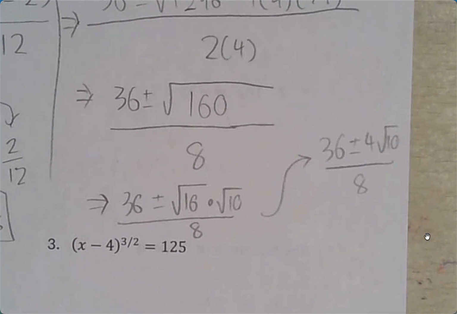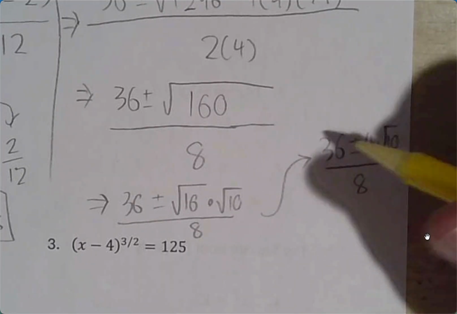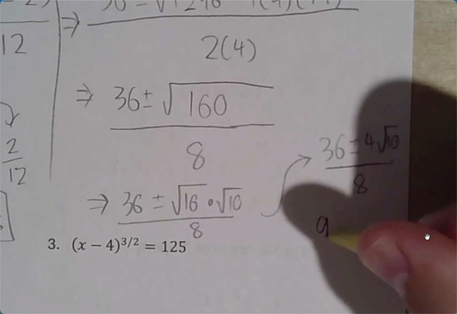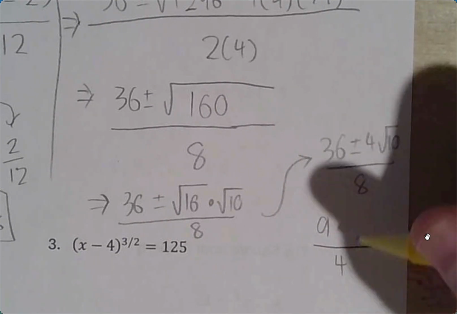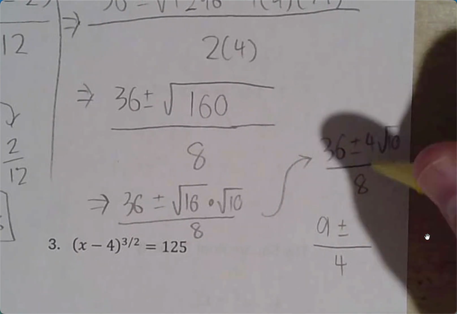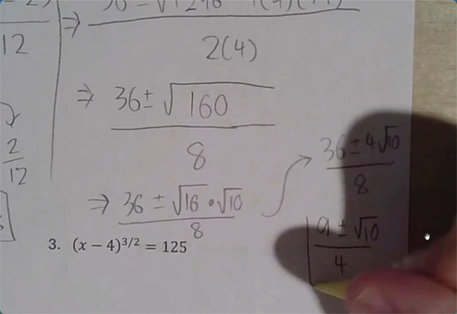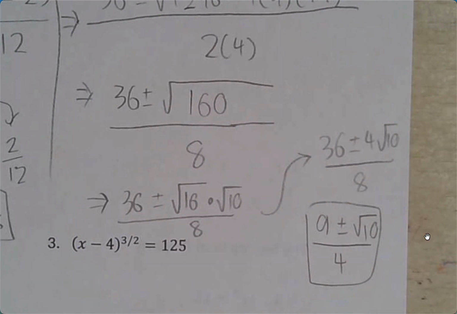And now finally, I think I'm ready to reduce, because this is going to be, well, 36 over 8. Those have a 4 in common. That'll be 9 over 4 plus or minus, well, again, 4 in common. So 1 root 10. And this is going to end up being your final answer.